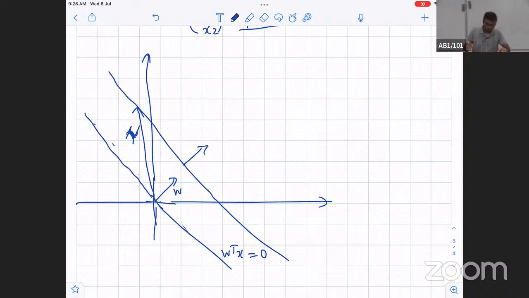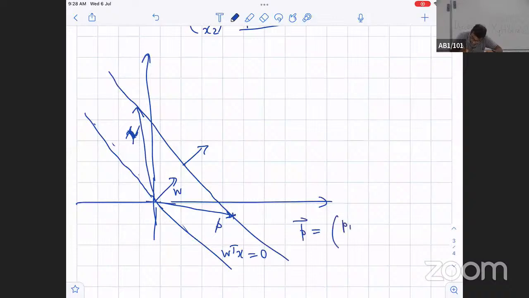Okay. So how does one go about it? First, you need to have a single point on the parallel line. Let's say this point is some p. P is a point on the line.